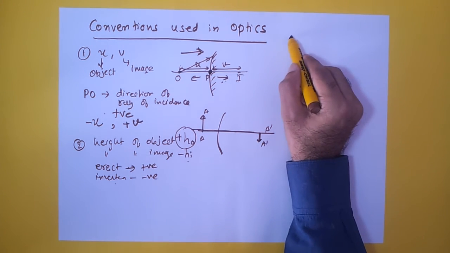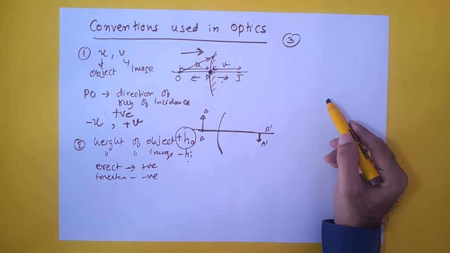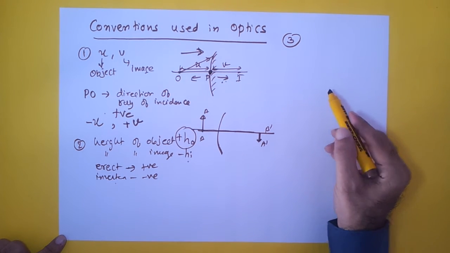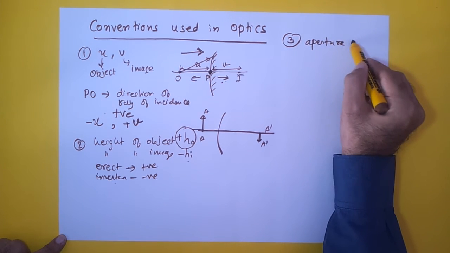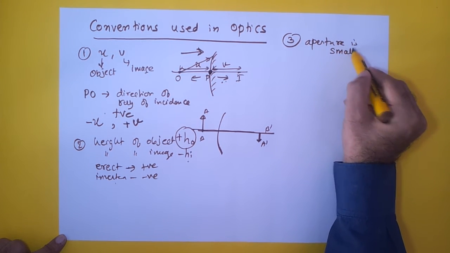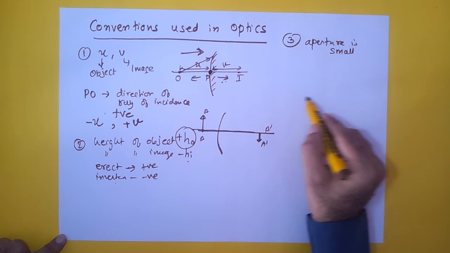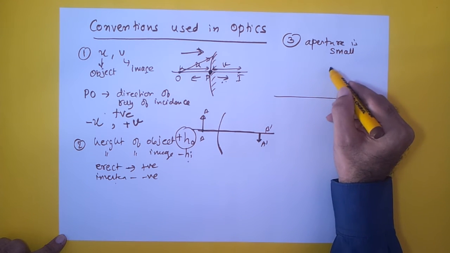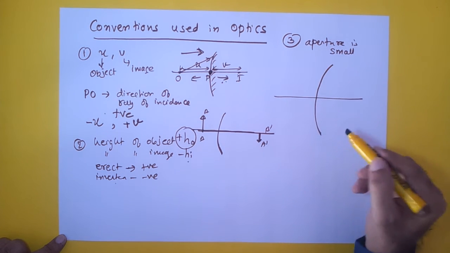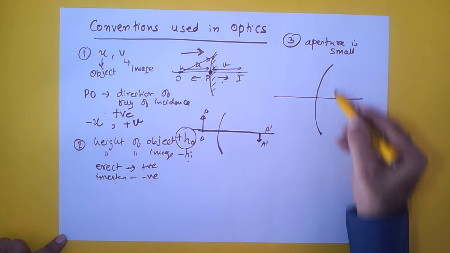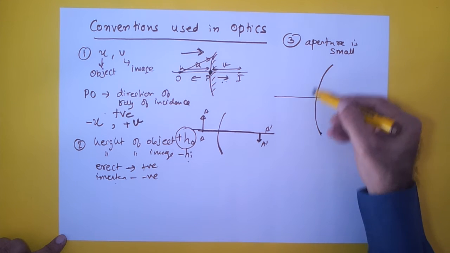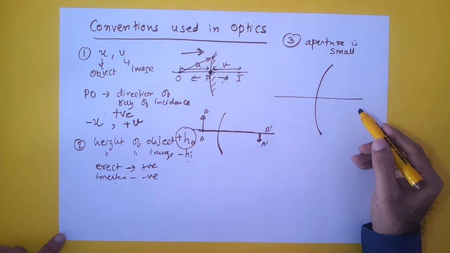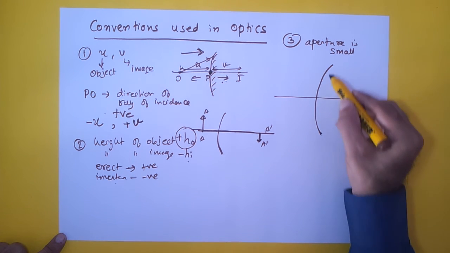Third convention, or assumption, we'll make is that the aperture of the lens or the mirror is very small. Let me take the example of, let us say, a convex lens. We will assume that the aperture is very, very small. Just for sake of diagram, we show them big like this, but actual lenses would be small, and therefore the aperture is small.